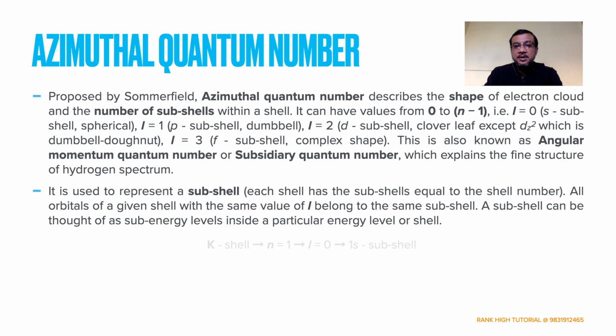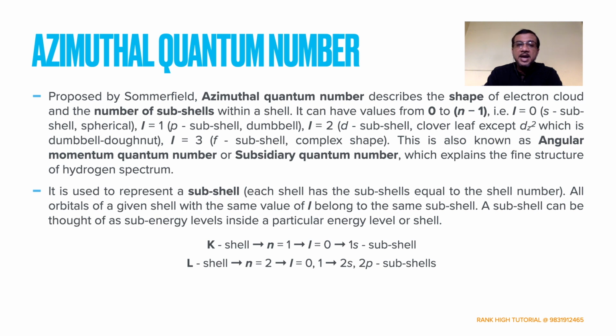As for example, for the K cell, n equal to 1 and L equal to 0, which represents one s subcell. For the L cell, n equal to 2 and L equal to 0 and 1, which represent 2s and 2p subcells. For the M cell, n equal to 3, L equal to 0, 1 and 2, which represent 3s, 3p and 3d subcells.